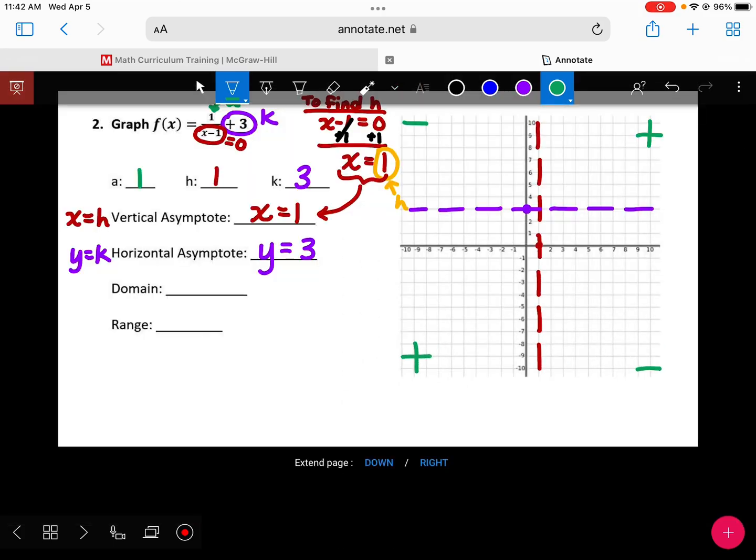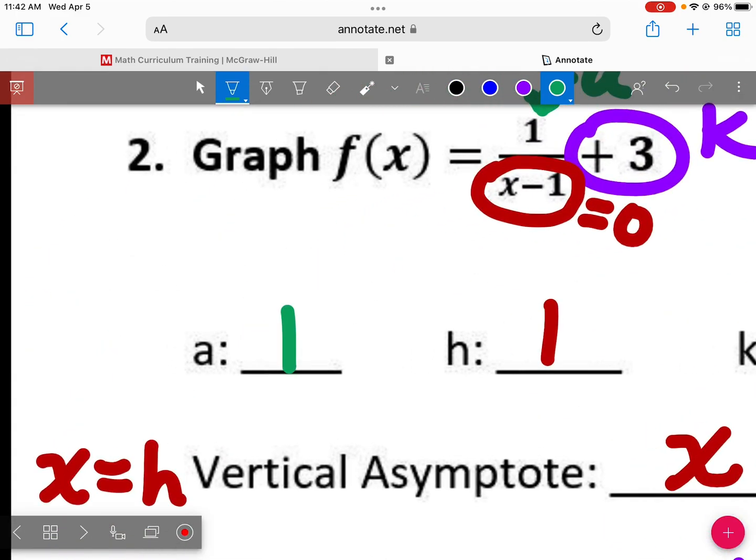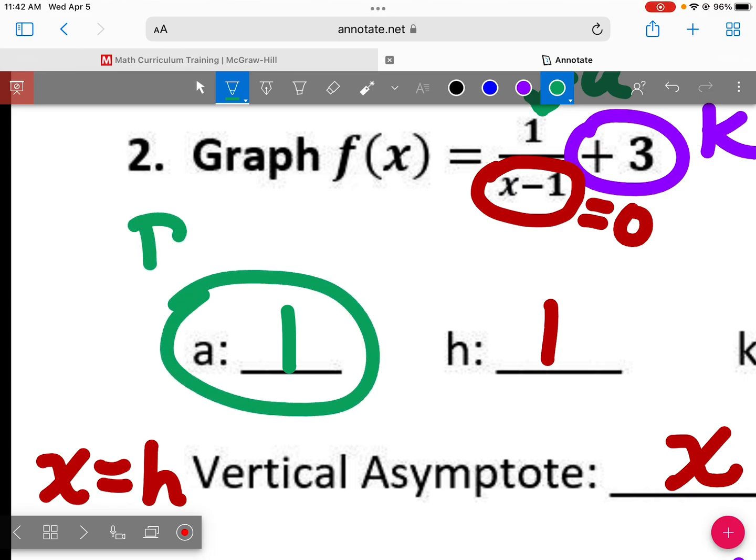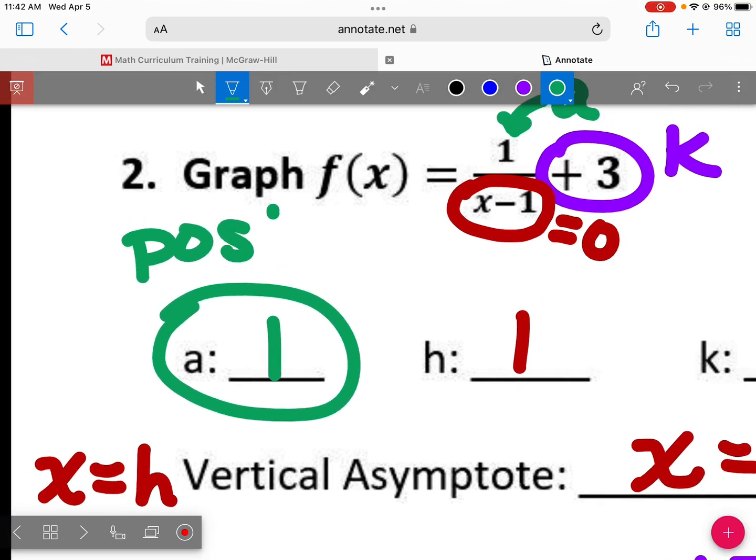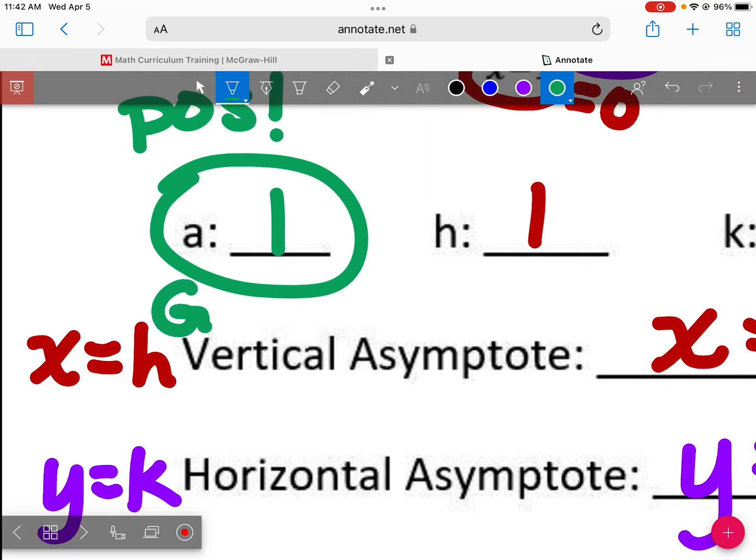Okay, so I labeled my pluses and minuses, my positives and negatives. How do I know which quadrants I'm supposed to be in? The A value. Is A a positive or a negative number? Positive. So we're going to graph in the positive quadrants.